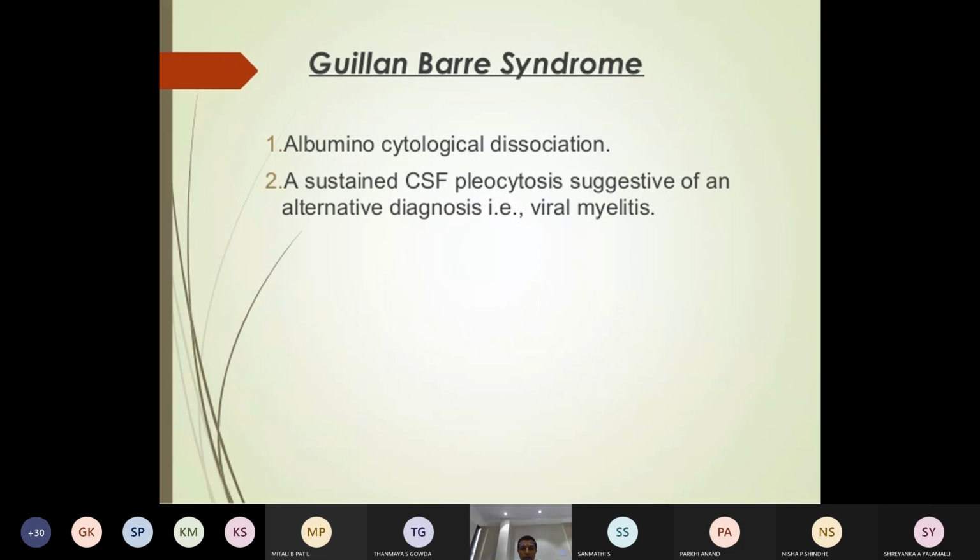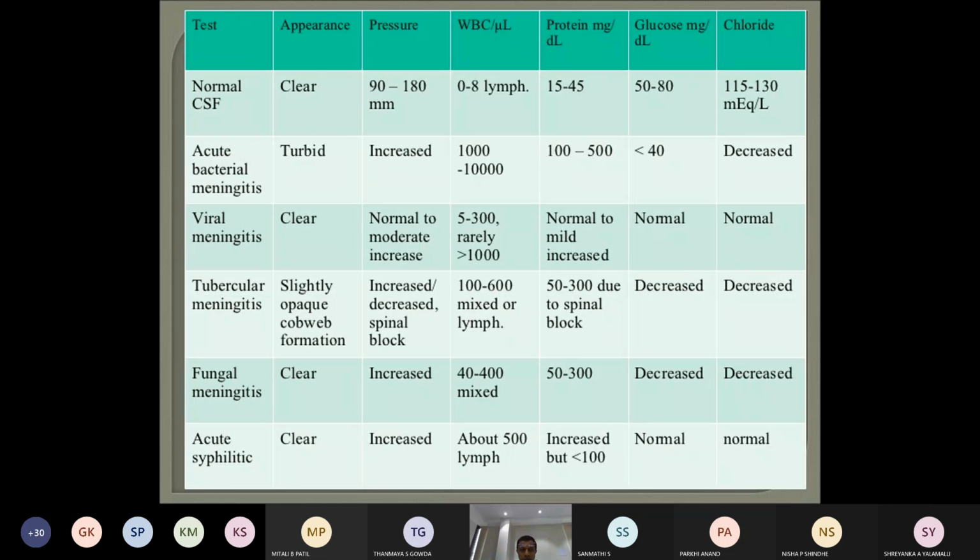Another condition is Guillain-Barré syndrome, where we also use albumino-cytological dissociation. Our analysis also helps with the electrophoresis technique. This chart is what is commonly required.